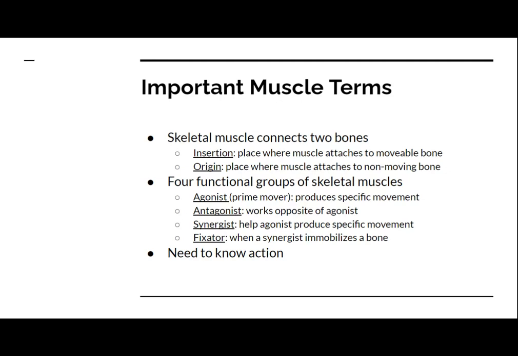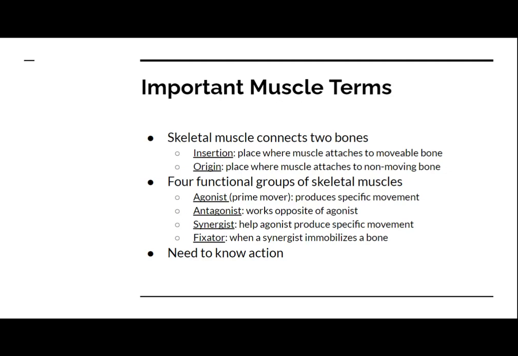Okay. Then you have the antagonist, that's the muscle that works the opposite of the agonist. It either relaxes or it just stays still while the agonist is performing its function. For this, it's your triceps brachii, the muscle on the back of your arm. That's the antagonist to your biceps agonist for that specific movement.